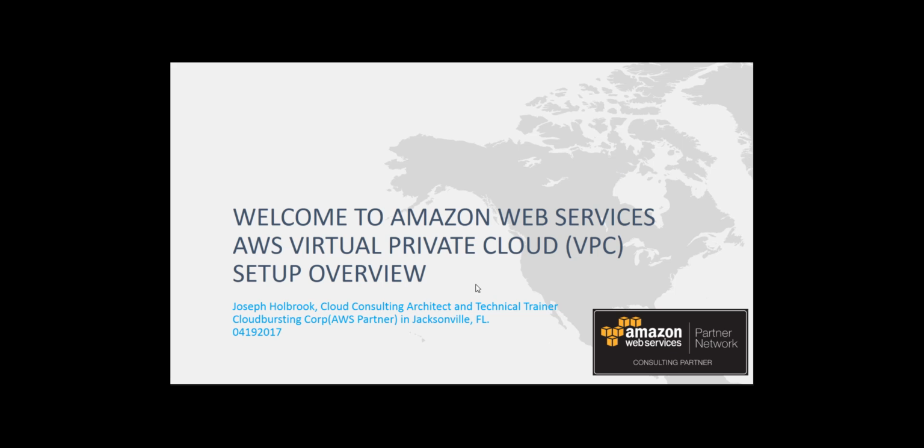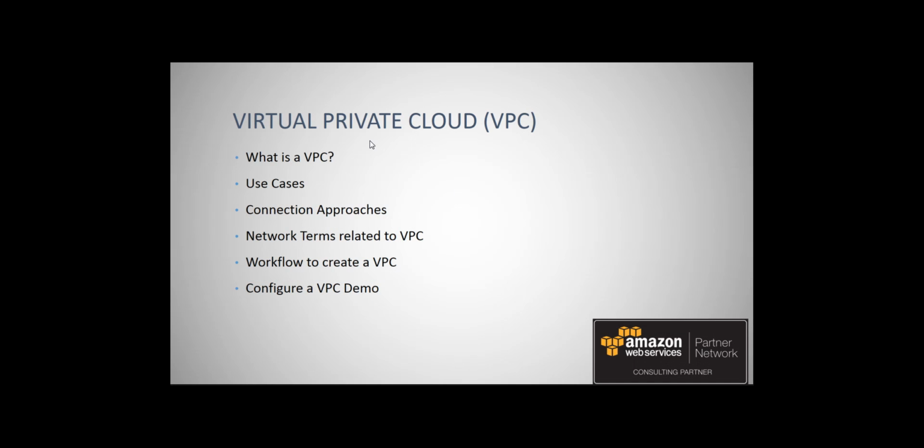So for today, let's go ahead and start talking about what a virtual private cloud is. Now, Amazon has a pretty solid offering called virtual private cloud. And again, this is a very solid capability for the right customer use case.